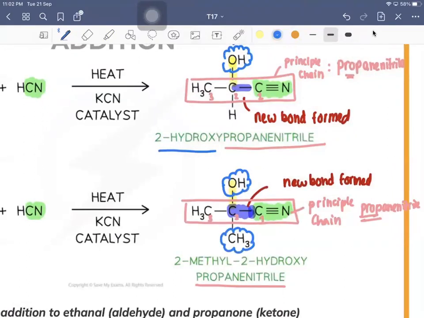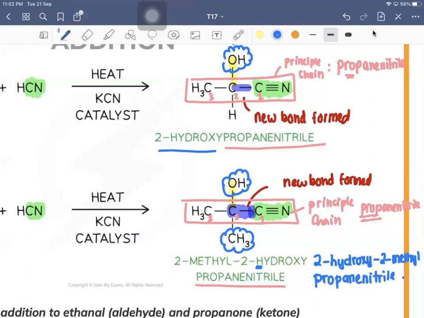So I call it, I guess if you follow the alphabetical, the hydroxy should come first because it is H followed by M. Okay, so I will change that to 2-hydroxy, 2-methyl propane nitrile.